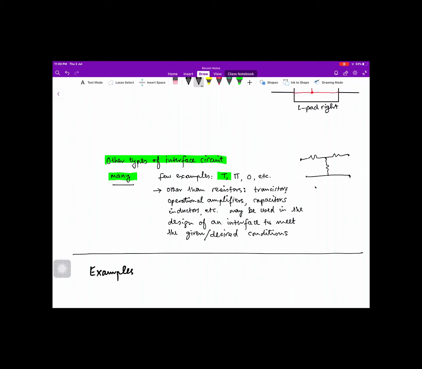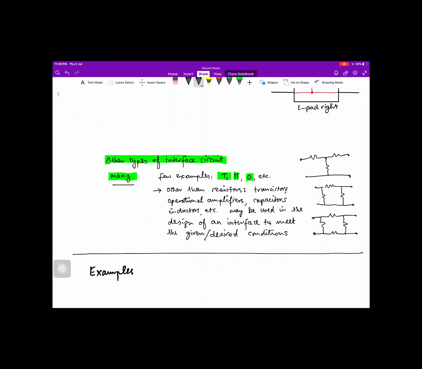Pi, due to its name, its shape is like pi. So again the input and output. And there is the O-pad. O-pad is like we have a resistor here, resistor here, resistor here, and resistor here, and due to its shape it is known as O-pad.